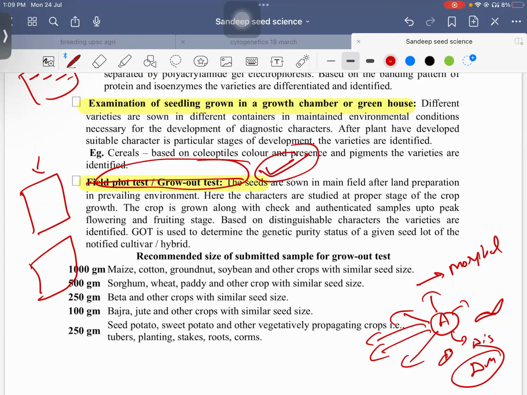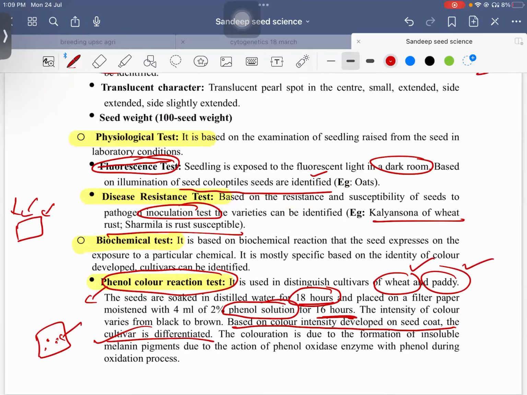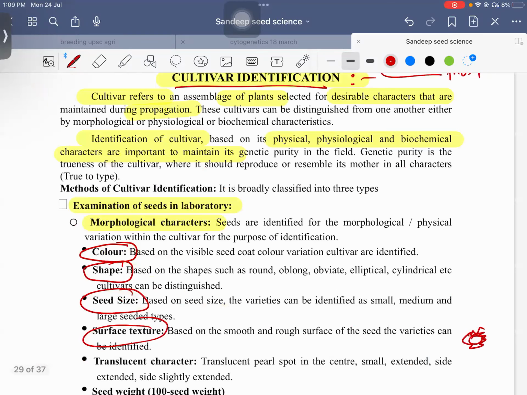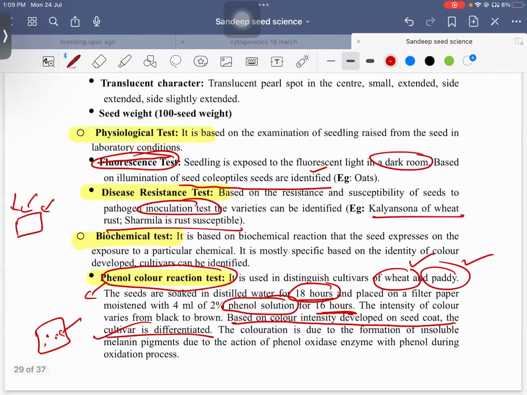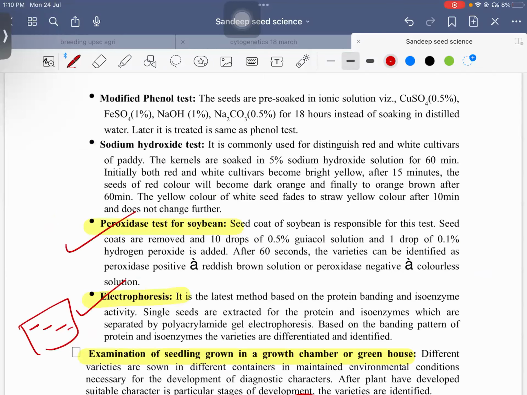Genetic purity we will also know by the grow out test. In the field we will sow and we will know. Based on that we will distinguish characters. So what have we done? We have done morphological, physiological, and biochemical tests, electrophoresis, and the peroxidase test. Just remember that it is done for soybean.